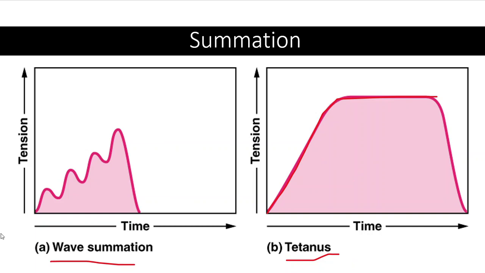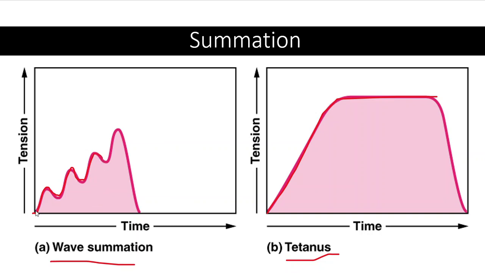Now, wave summation, what's happening here is this guy is contracting. He starts to relax. Remember, it's a long relaxation period. And before he can go very far, he gets another nerve signal. So he contracts a little bit more, starts to relax. Before he gets very far, another nerve signal comes through.